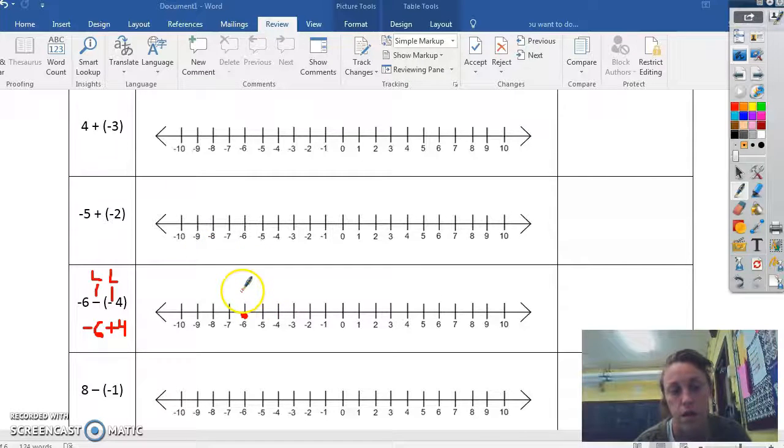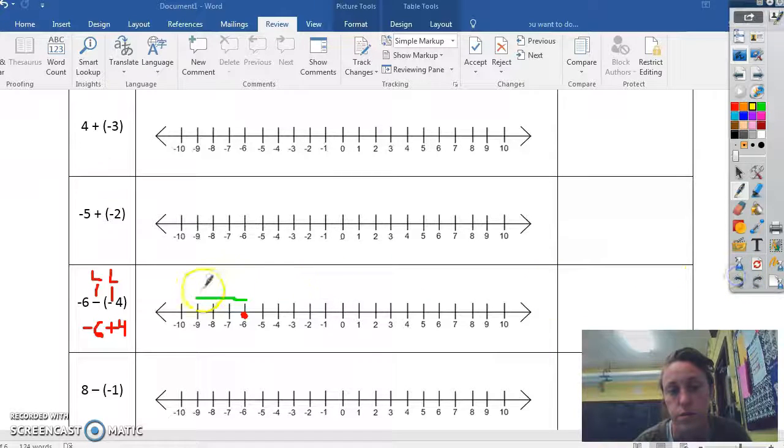Why? Because we're starting here. It tells us, and I'm going to use two different colors, green and yellow. So it tells us to go left, right? We're supposed to go this way. But then that sentence tells us, oh, no, turn around. And we have to go right. And we go 4 units to the right.